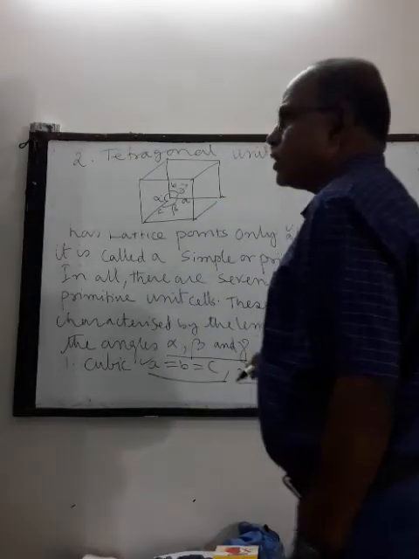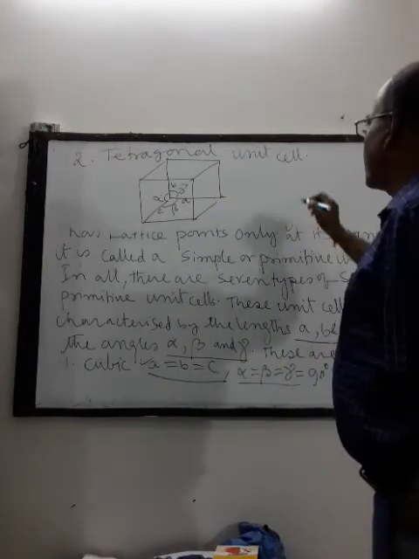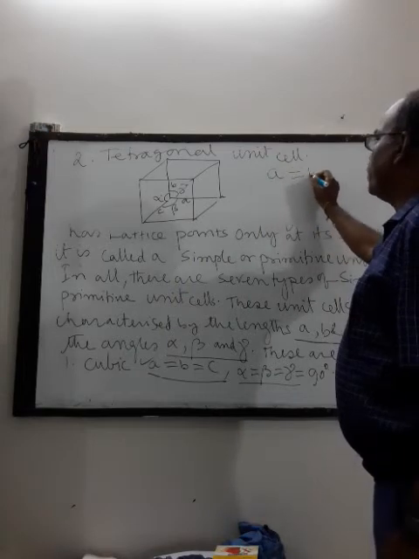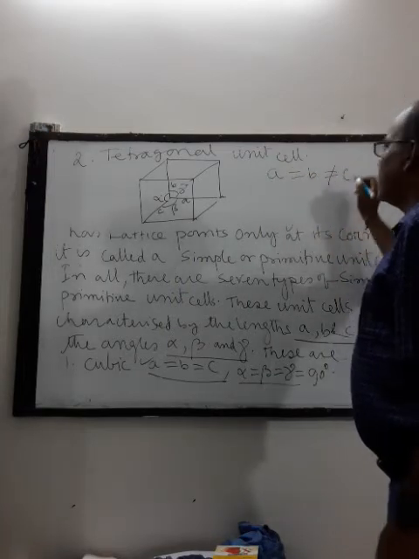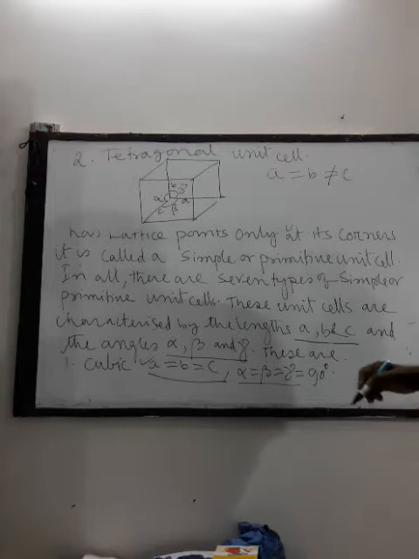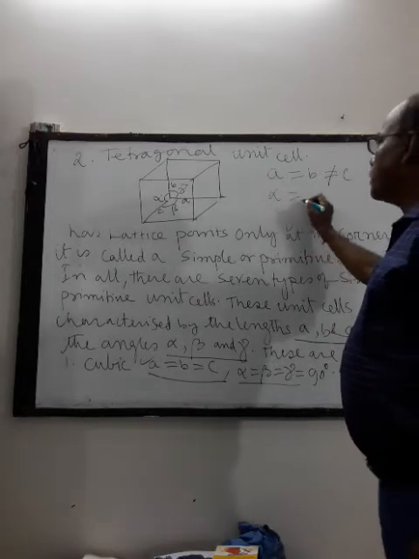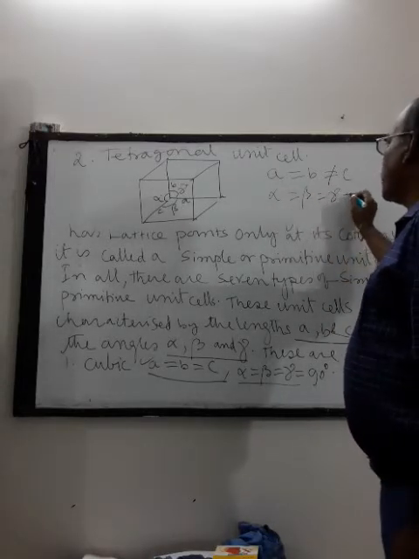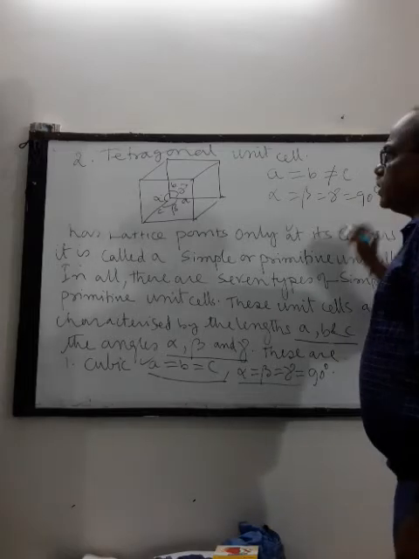In the case of the tetragonal unit cell, two sides are the same and the third one is different, and all angles are equal to 90 degrees.